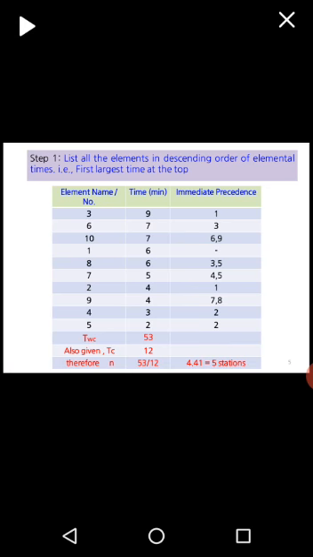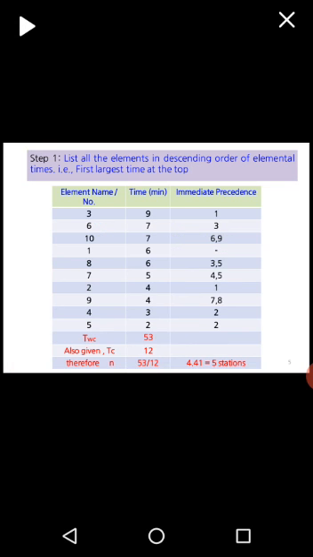Dash means we need to take that element as a starting point. And for element number 8 we have a time of 6 minutes and its precedence is 3 comma 5. Next 5 is the time in minutes, and for that the element number is 7, its precedence is 4 comma 5.